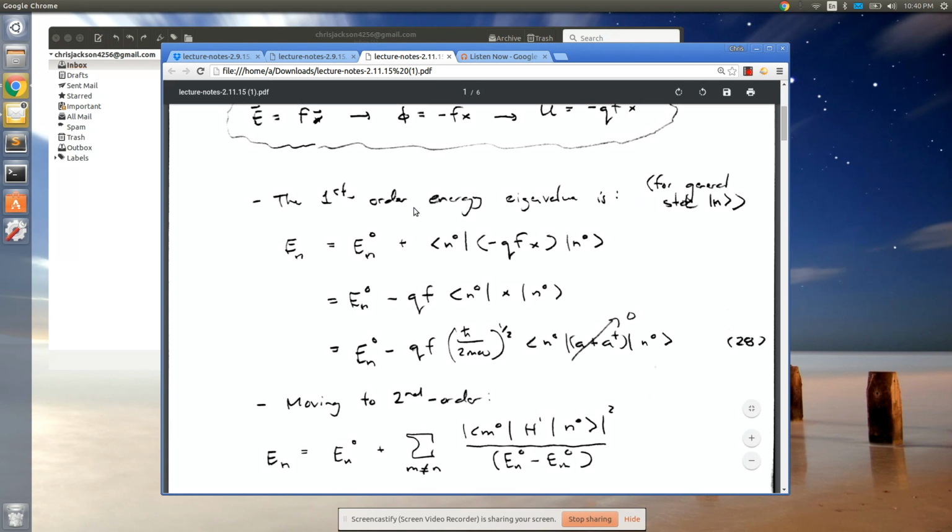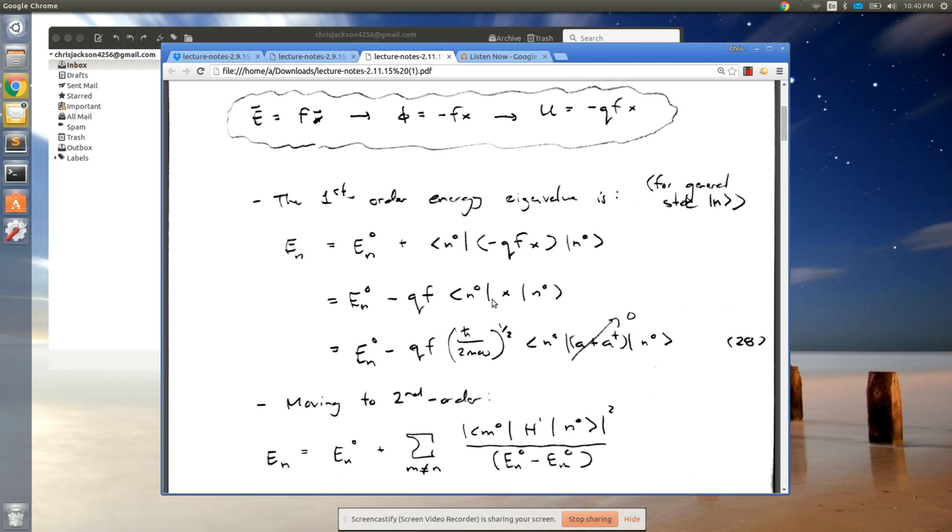Let's compute the first order correction. I have my unperturbed energy plus the correction, and the correction goes like x to the first power. The expectation value of x with respect to these unperturbed states is going to be 0, because a is the annihilation operator.